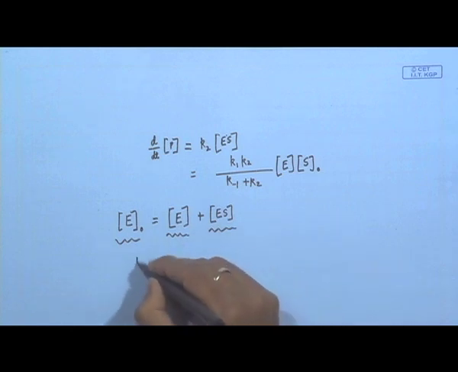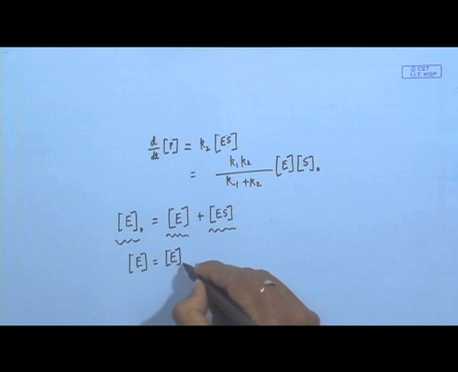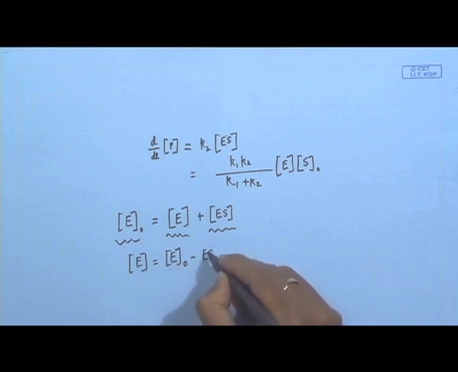Therefore, your E will be equal to E0 minus ES.